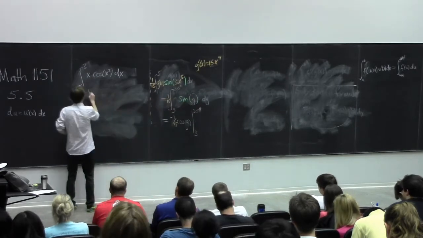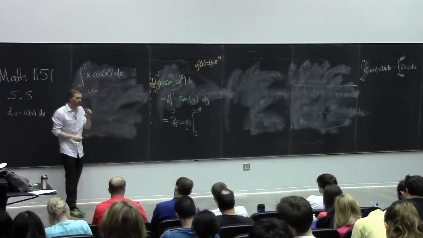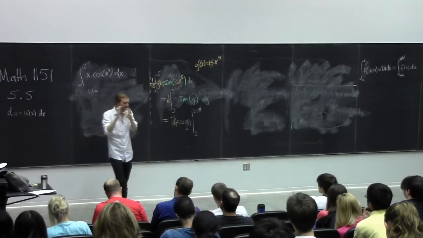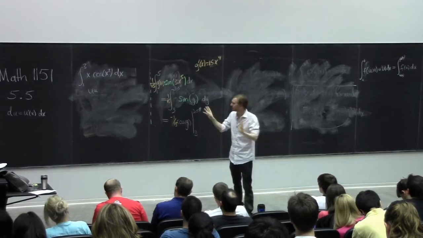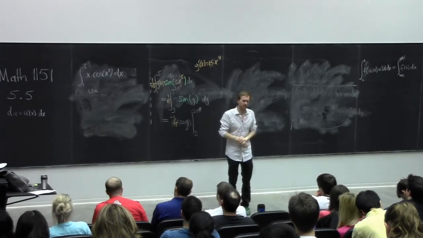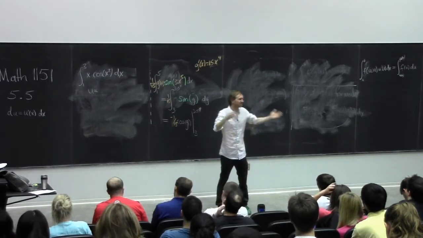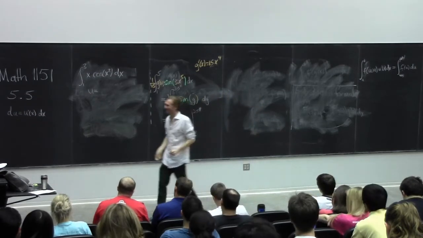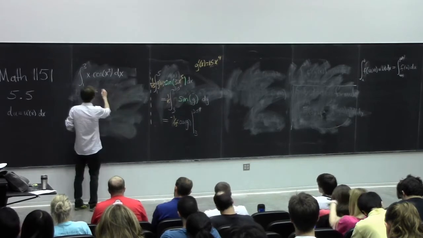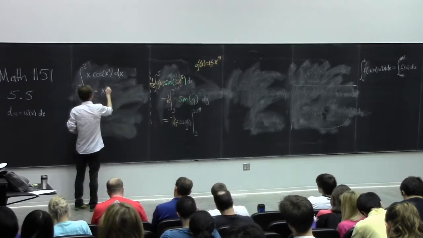So what you do is you say, u equals, and for the u, you're always looking for the function that's inside. So what function looks like it's inside here? x squared. Now you can't just pick anything. You always have to pick the right thing. Sometimes there's more than one choice, but here it is, x squared.